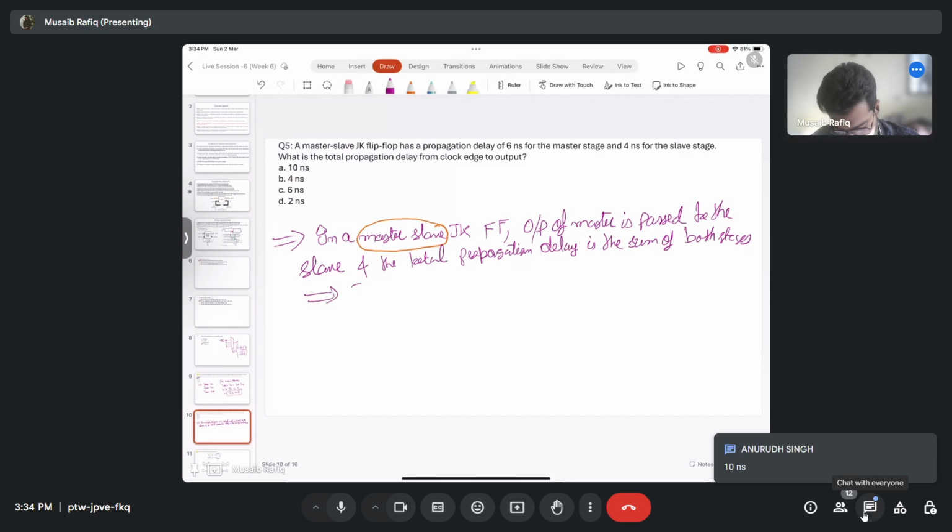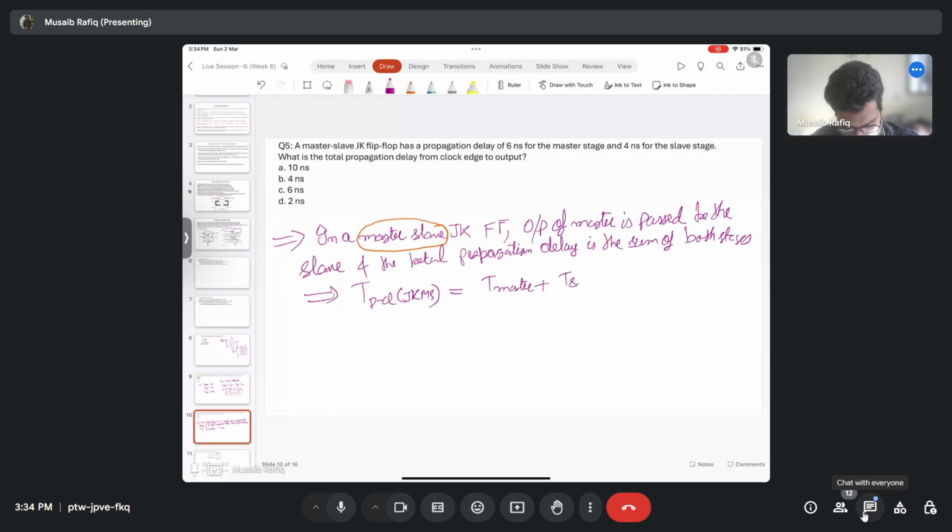That implies TPD of JK master slave will be equal to T master plus T slave. And T master is 6 nanoseconds and T slave is 4 nanoseconds. So it will be 10 nanoseconds. That option is the correct answer.